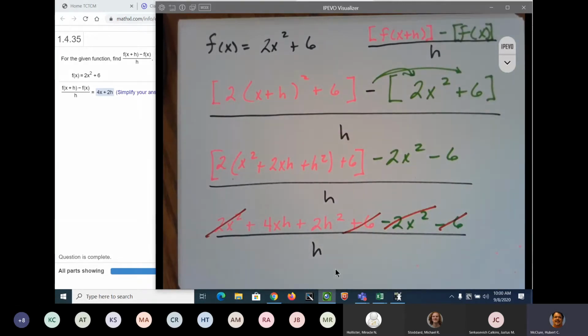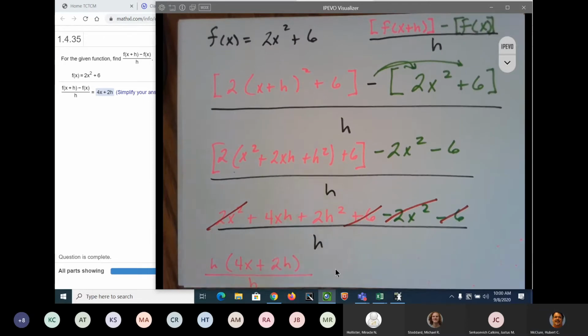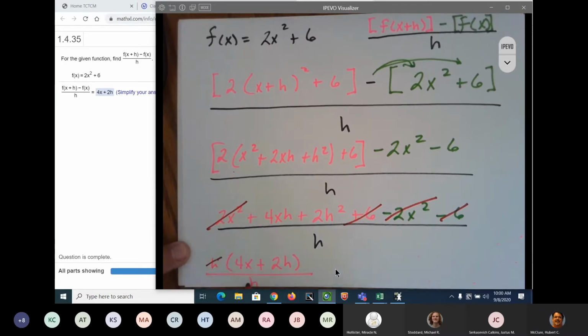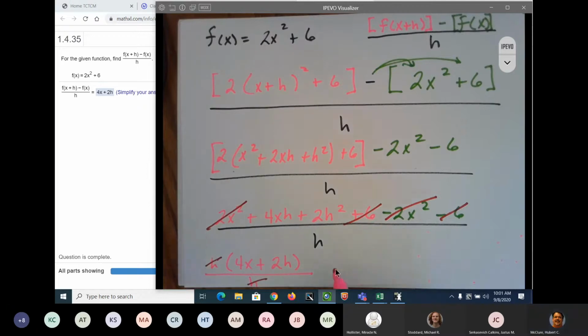And that leaves us with an h. I'm going to factor out an h on the top. And that's going to leave us with 4x plus 2h all over h. And the h's cancel. And the algebraic answer is 4x plus 2h.